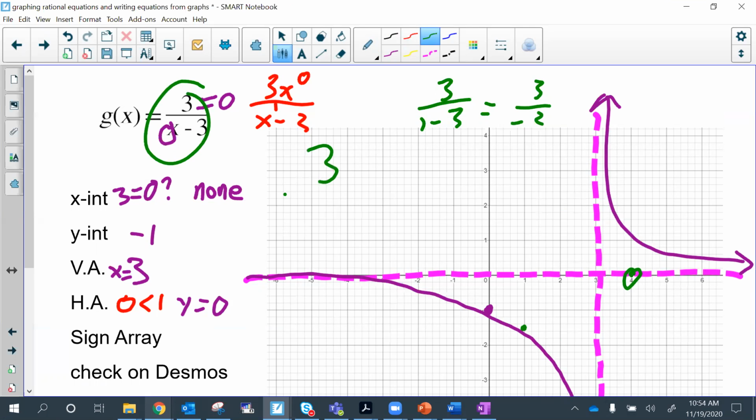I'm going to get 3 over 4 minus 3. Now, what is 3 over 4 minus 3? That's 3 over 1. What that tells me is that when we're at 4, our graph was actually up here at 3. So my graph wasn't super precise, but it was good enough. You get full points.